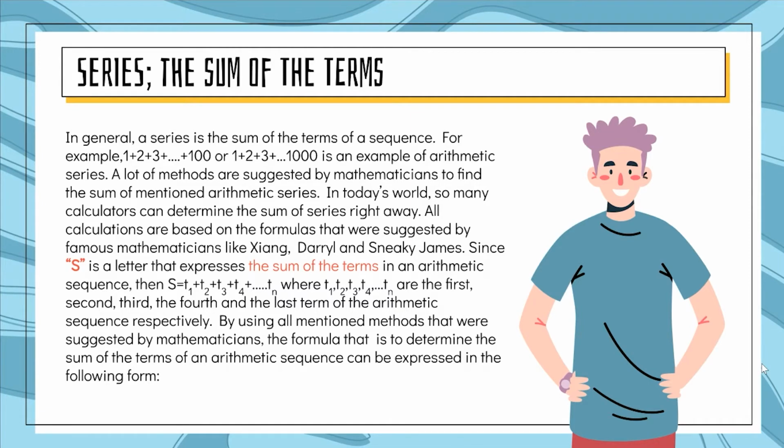In general, a series is the sum of the terms of a sequence. For example, 1 plus 2 plus 3 up to 100, or 1 plus 3 plus up to 1000, is an example of an arithmetic series.